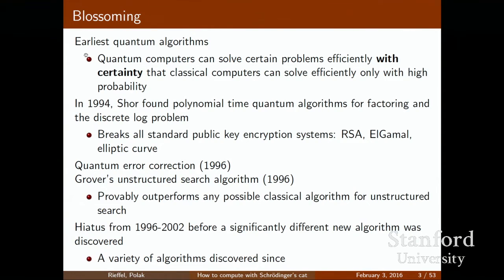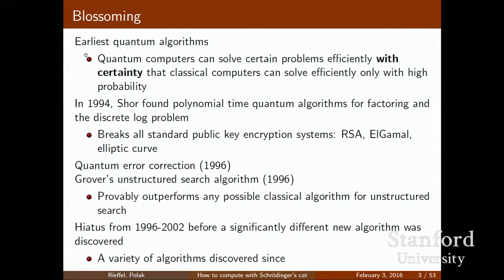And here we're able to do something with certainty efficiently that you can only do with high probability efficiently classically. Okay, so I'm not going to go into this, but I just wanted to start that off by suggesting that intuitions here only go so far.